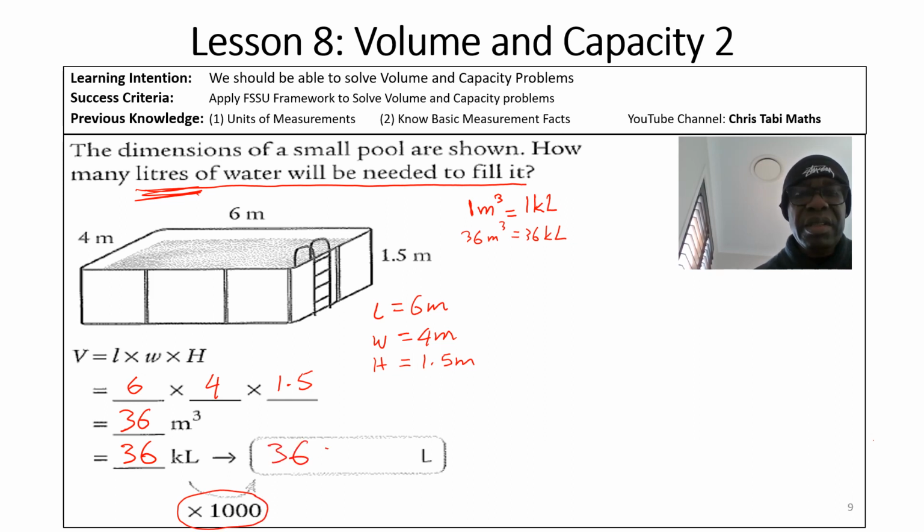So 36,000 liters is what is needed to fill that swimming pool.